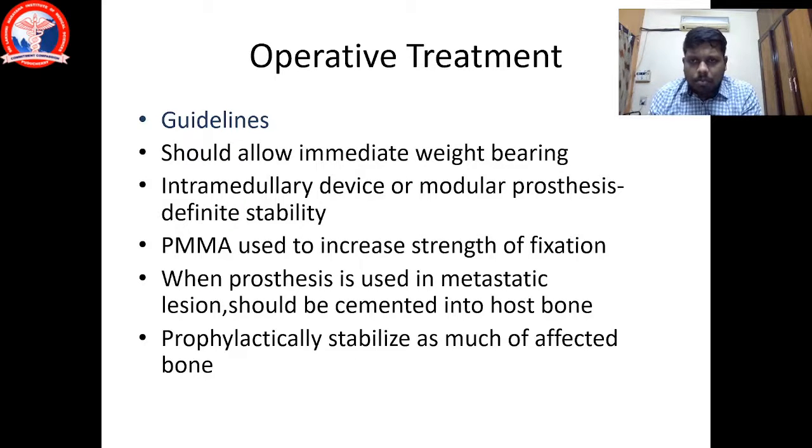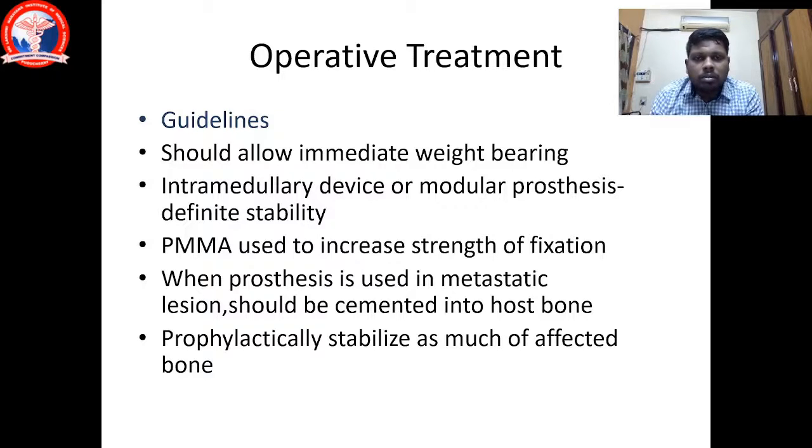Coming to operative treatment, the guidelines say you should allow immediate weight bearing in these patients. An intramedullary device or modular prosthesis defines stability. Following this, cement is used to increase the strength of fixation. As you can see, these patients are already osteoporotic, the bone quality is not good, and there is some lysis going on in the bone.